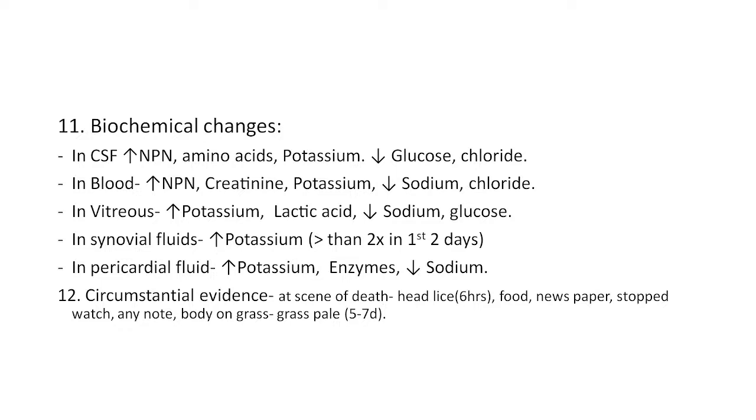Glucose will be decreasing after death, right? It will decline continuously, and potassium will increase till 48 hours, and after that it will start declining. So this is a rough idea I am giving.